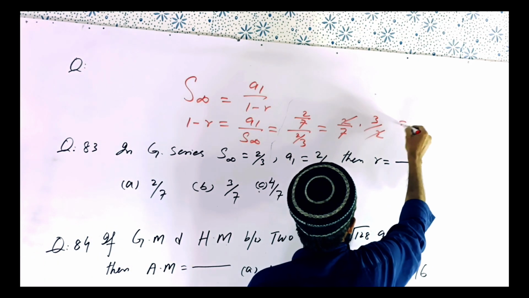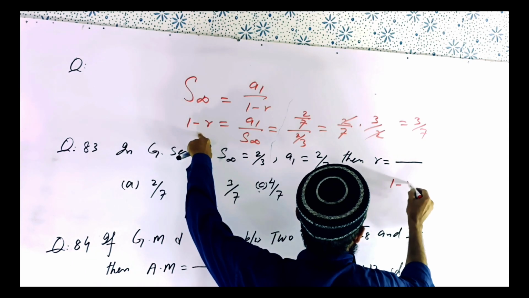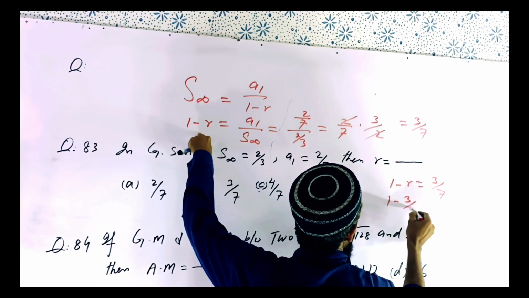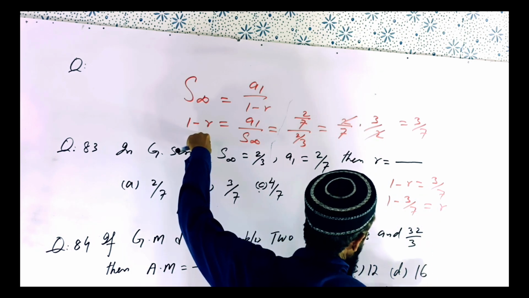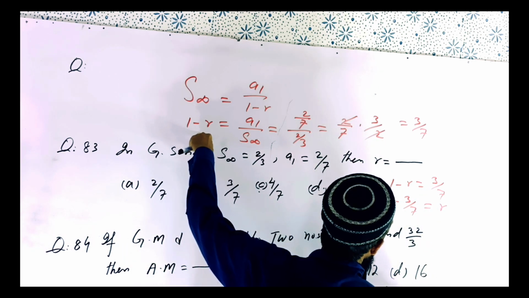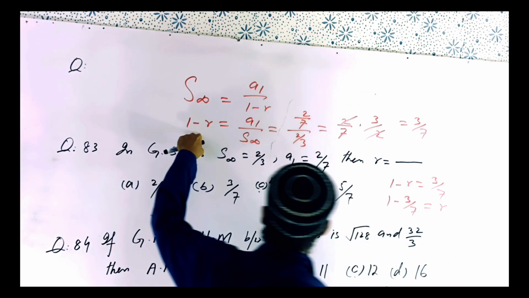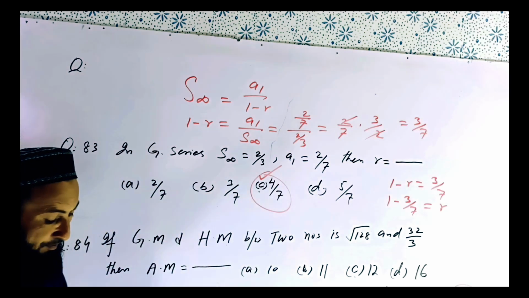We get 3 divided by 7. So 1 minus r is equal to 3 divided by 7. Changing it, r is equal to 1 minus 3 divided by 7, taking LCM 7 minus 3 divided by 7. So we get 4 divided by 7 as the answer. 4 divided by 7 is the correct answer.